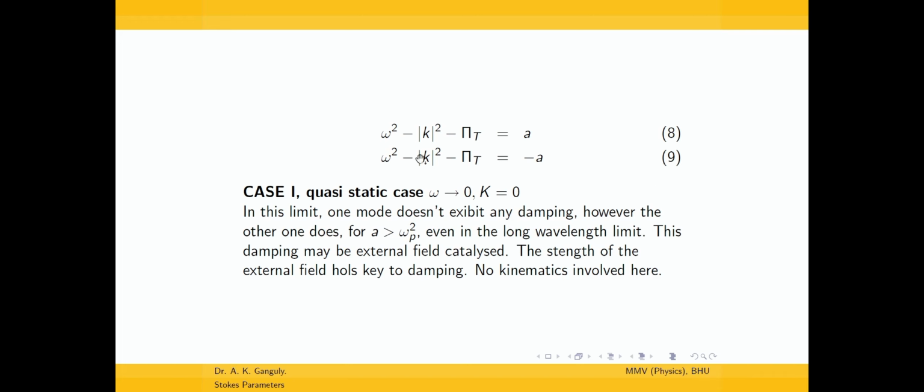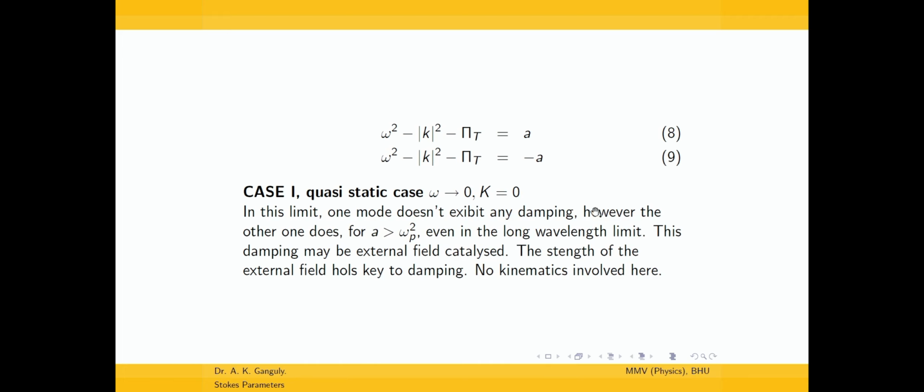Omega square minus wave vector square minus the transverse form factor is proportional to pi p, and the other one is negative of A.